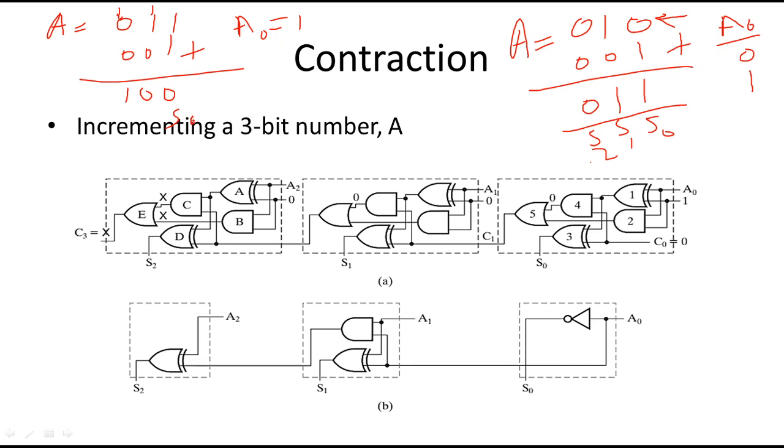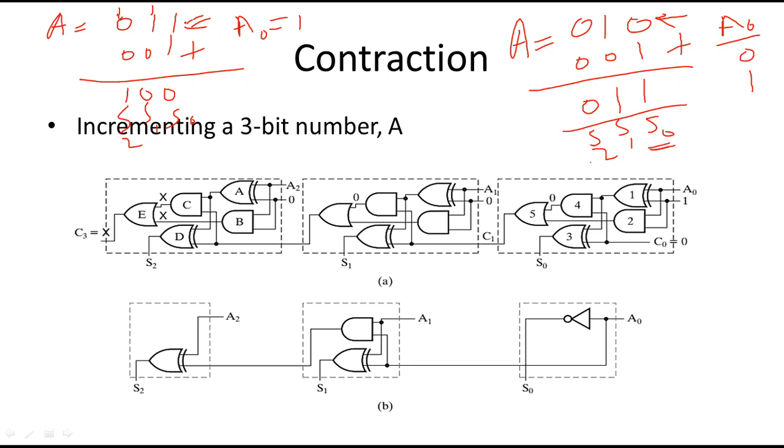Similarly S0, S1 and S2. If A0 was 0, then the S0 bit was 1. If A0 was 1, then S0 is 0. So the sum of the least significant bit is just the reverse of the first bit. So if A0 is 0, then the sum is 1.